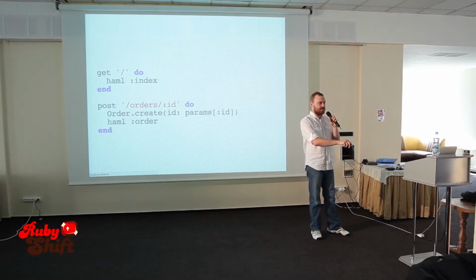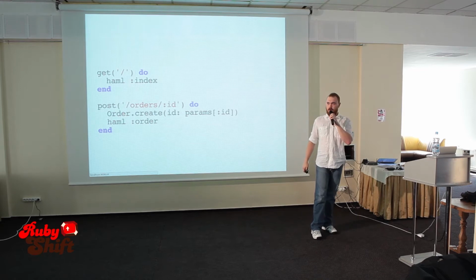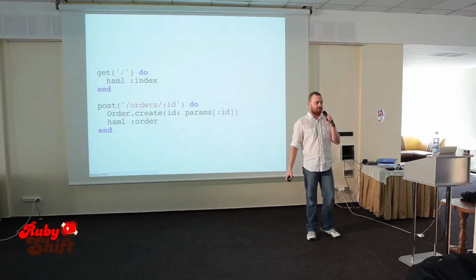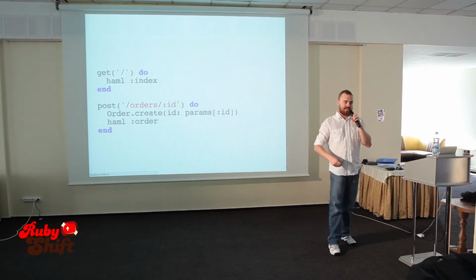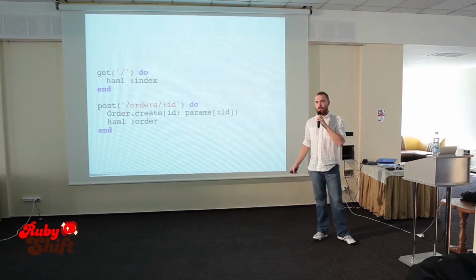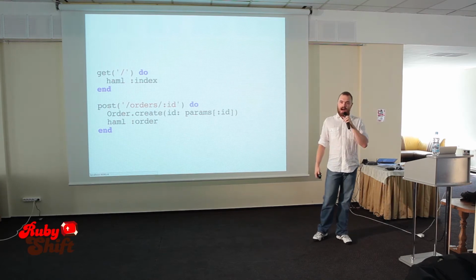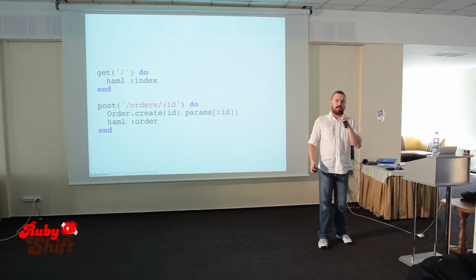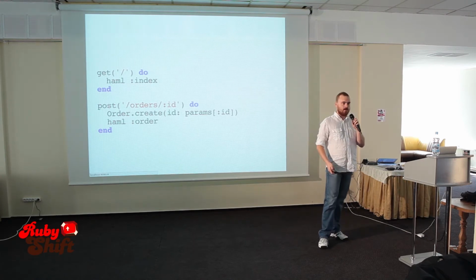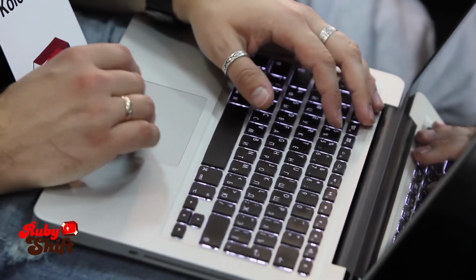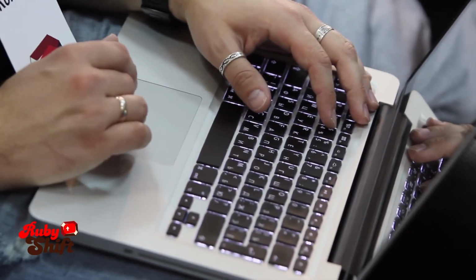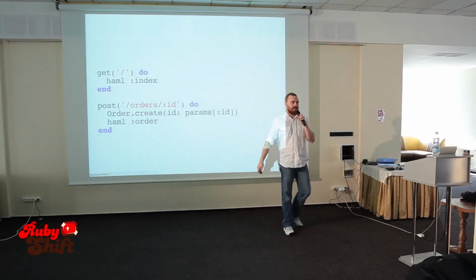But there is no magic in it, because if we put brackets, we will see it's simple Ruby code. So we have method get with argument slash, and then we pass a block to that method, and in that block we call a method called haml with argument index, and the same thing with post. So we call a method called post with some argument, we pass some block into this post, and we call some Ruby code.